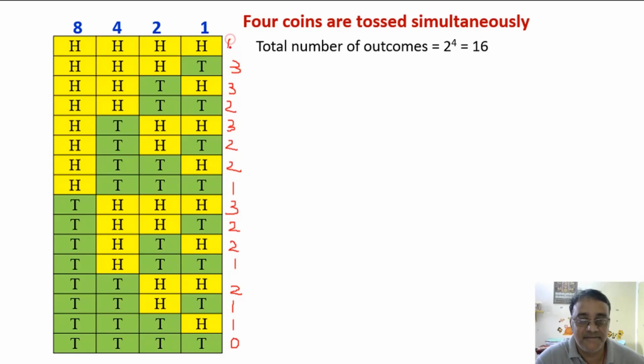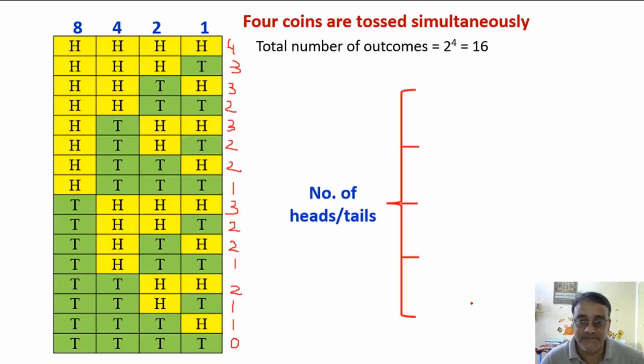Last, 4. Okay. Now how many times is 0 there? 1 time. So 0, 1, 2, 3, 4.